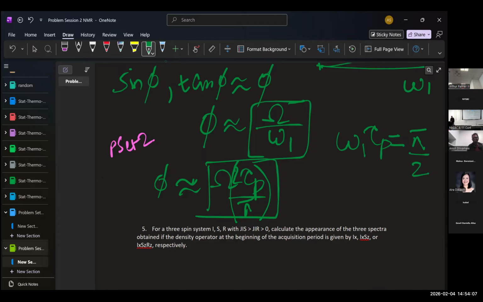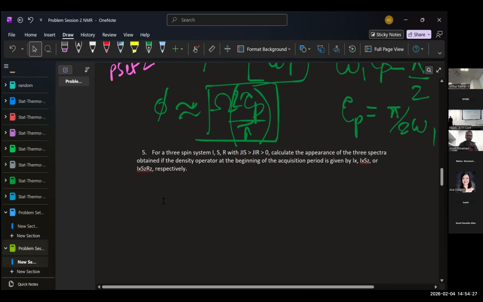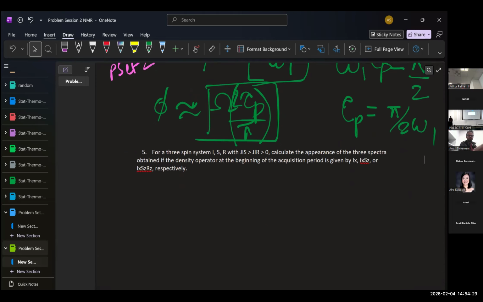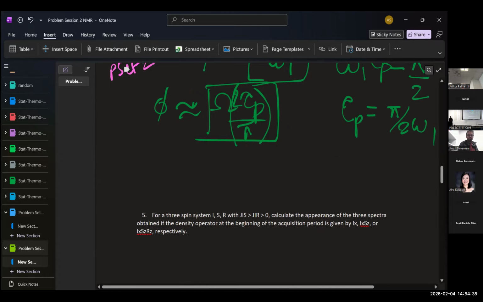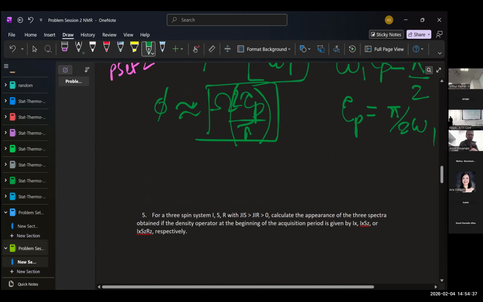And so tau p is, in other words, pi over 2 omega 1. If you substitute that in, you get the same result. Make sense? Okay, you can now move on.